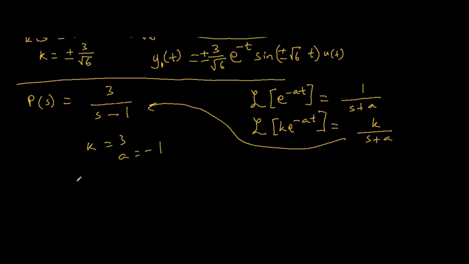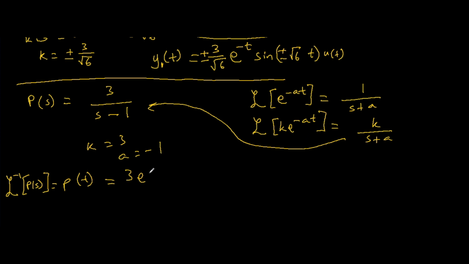And therefore, we can say that our function p of t, so let's write it in full, the inverse Laplace transform of p of s, is equal to our k, 3 e to the power of minus 1t.